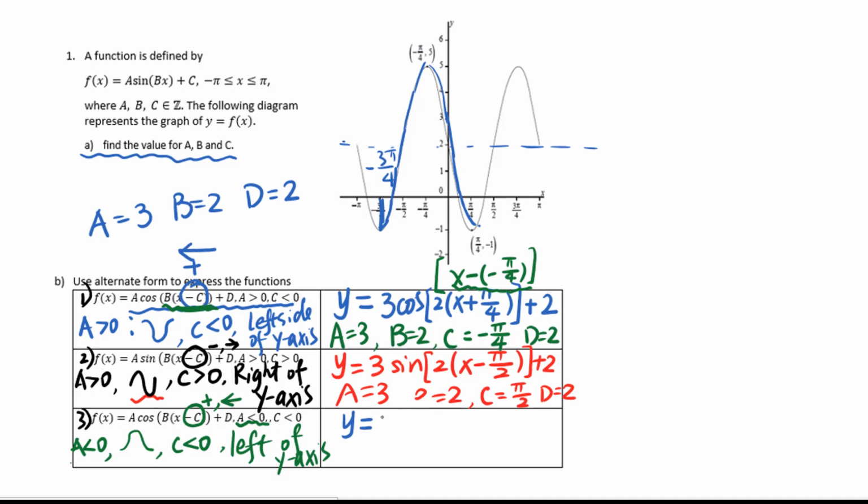So we will write down y equals negative 3 cosine of 2 times x plus 3 pi over 4, then plus 2. For a equals negative 3, b equals 2, c equals negative 3 pi over 4, d equals 2.